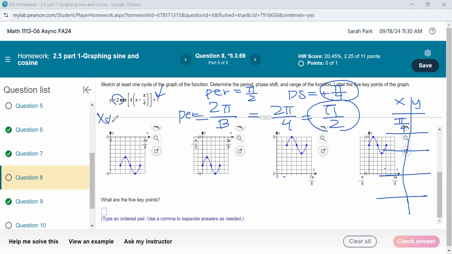You find the x scale by taking the period and dividing by 4. We said the period is pi over 2. And if we divide by 4, that's like doing pi over 2 times the reciprocal of 4, which is 1 over 4. So it's pi over 8. So our x scale is pi over 8. So I need to add pi over 8 to each of these values. Okay, we're going to go up by pi over 8 each time.